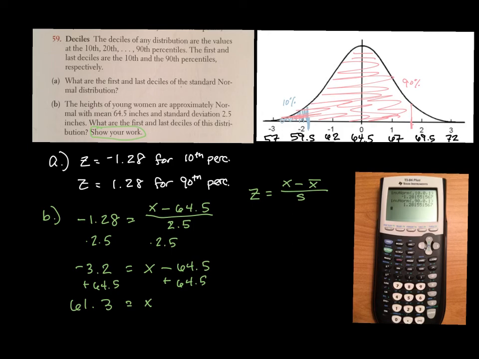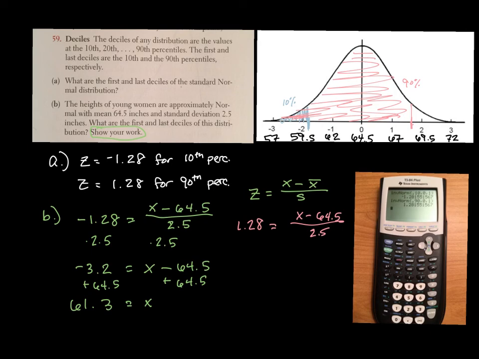Now I'm going to do the exact same thing, except with the positive 1.28. Actually, I've changed my mind. I'm going to do it off to the side real quick. So we have 1.28 equals, same thing, right? We're still dealing with the same information, still don't know the x value, or the data value. I know the mean.